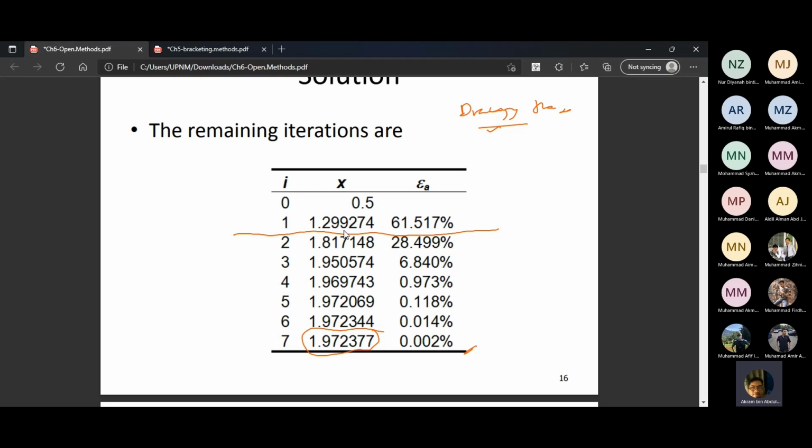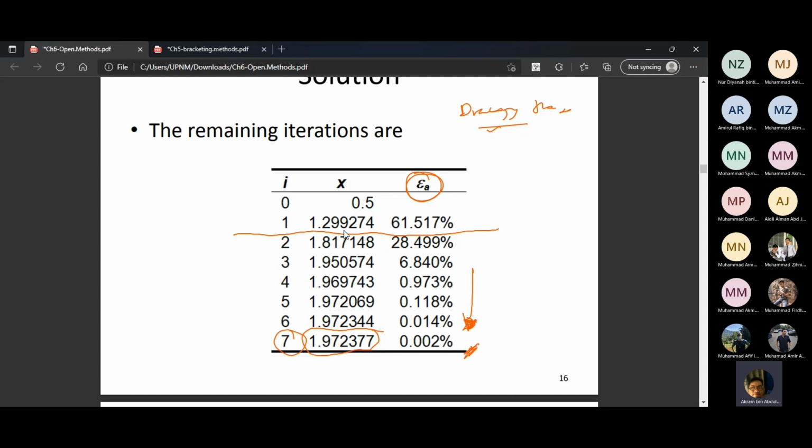If we look at the epsilon a value until we reach i equal to 7, or the 8th iteration, we can see that the value of epsilon a has dropped very low, to 0.02%.